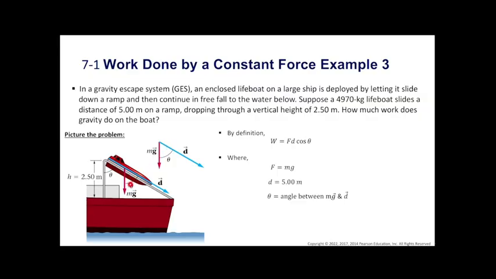But the theta value is not given, but we can calculate it because we know h and we know the displacement d. Therefore, cosine theta is simply h over d. So, we can find the angle theta from this sketch.